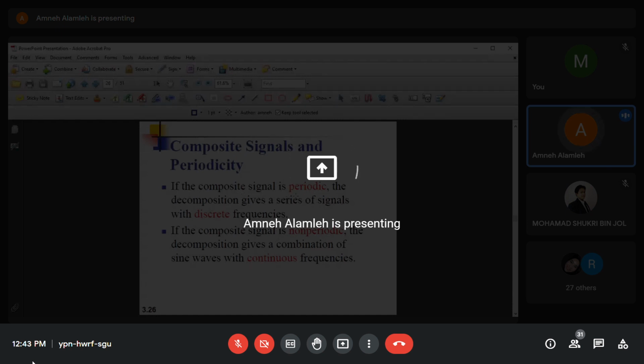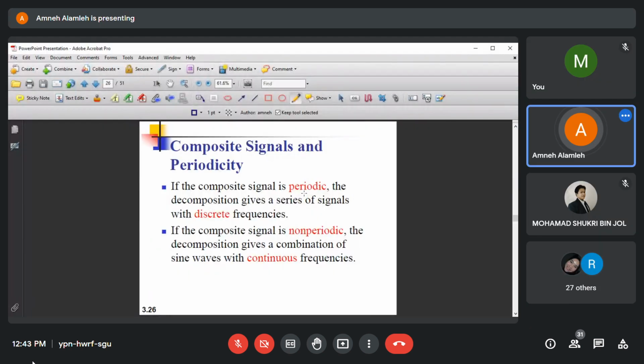If the composite signal is periodic, we know now the meaning of periodic, the decomposition gives a series of signals with discrete frequencies. If the composite signal is non-periodic, the decomposition gives a combination of sine waves with continuous frequencies.